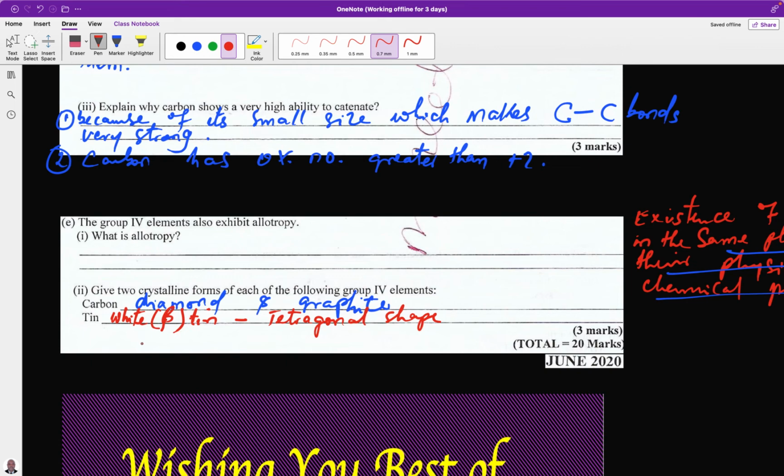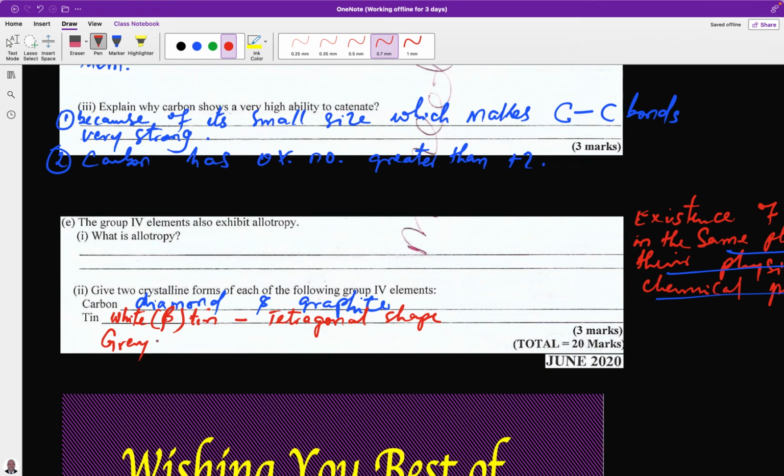We also have alpha tin, which is gray. The crystalline form is gray tin. The other one is white tin, which you can call either white tin or beta tin.